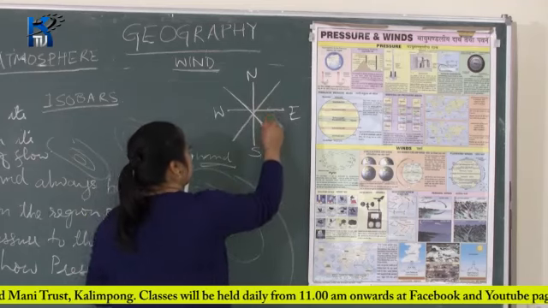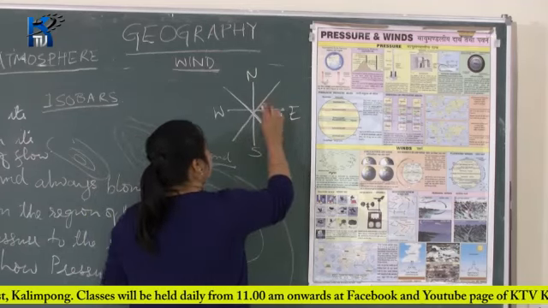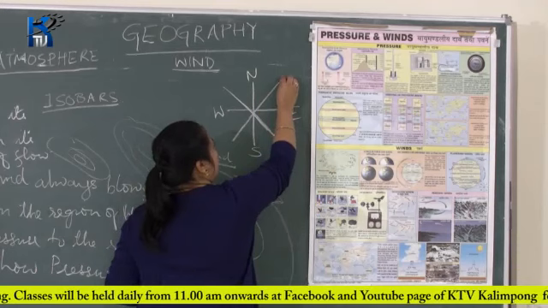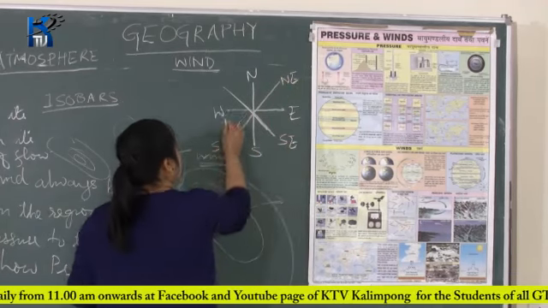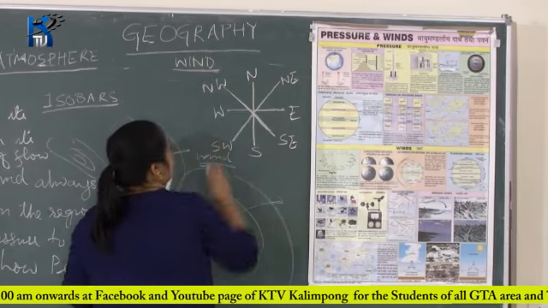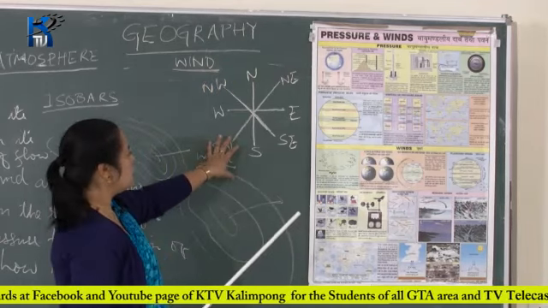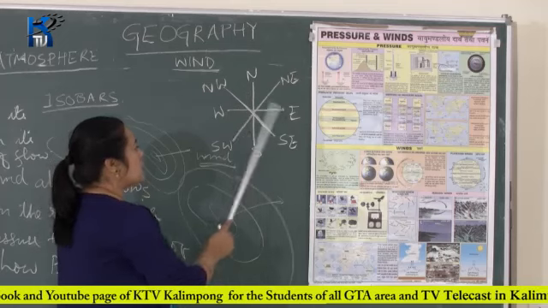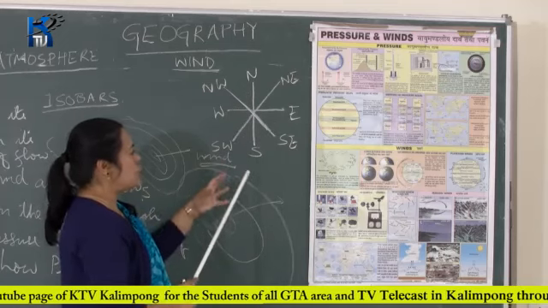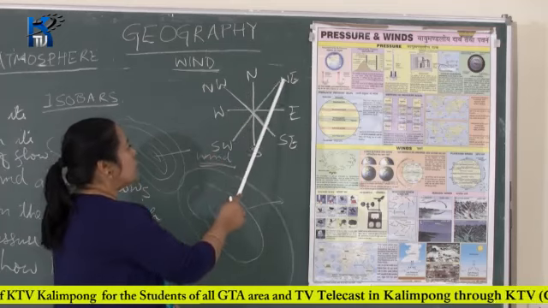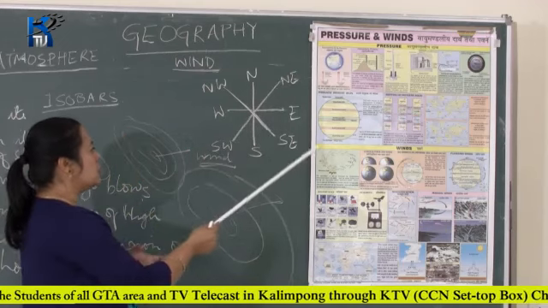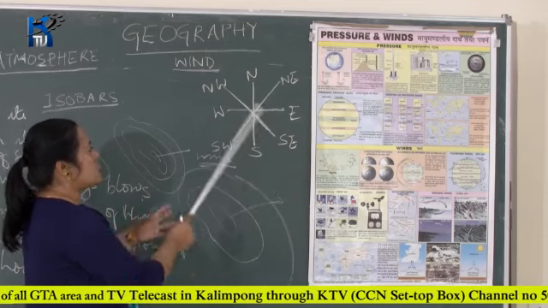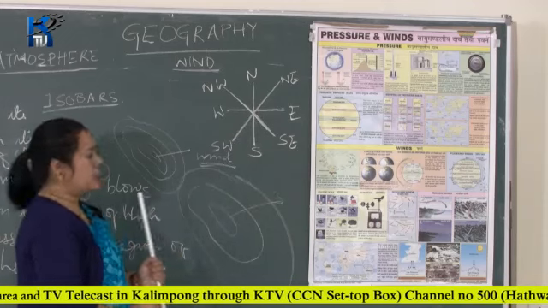If we divide further, we have northeast, southeast, southwest, northwest. This much is enough for wind; these are the important directions students have to know. If the wind is coming from the northeast, the name will be northeast wind, and likewise southwest, southeast, they get their name.